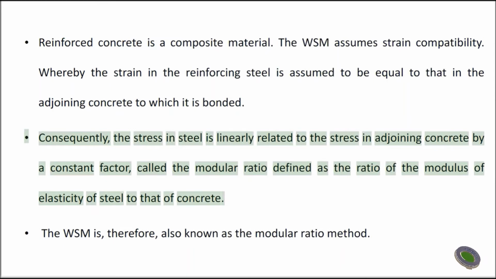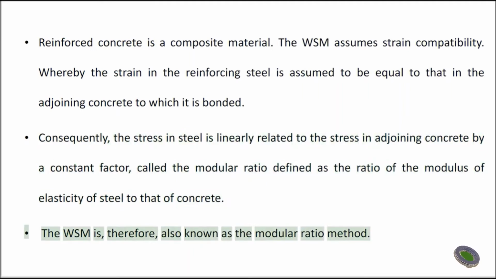Consequently, the stress in steel is linearly related to the stress in adjoining concrete by a constant factor, called the modular ratio, defined as the ratio of the modulus of elasticity of steel to that of concrete. The WSM is, therefore, also known as the modular ratio method.